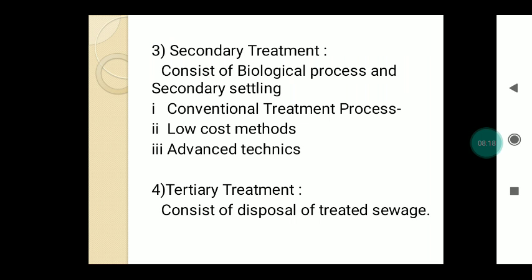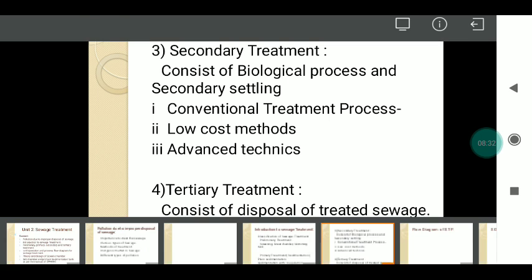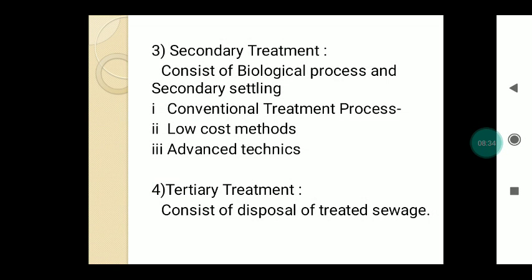The third treatment unit is the secondary treatment, which consists of a totally biological process and secondary settling, in which conventional treatment processes are used. Conventional treatments like the activated sludge process, that is ASP, can be utilized, or trickling filters are used.